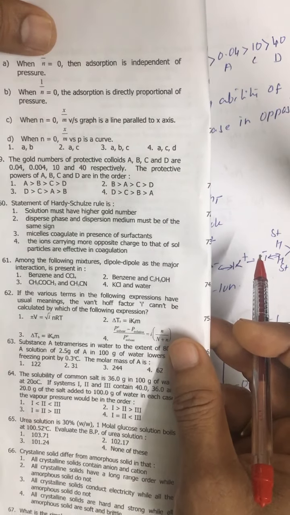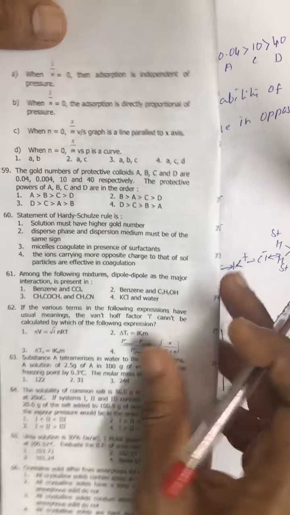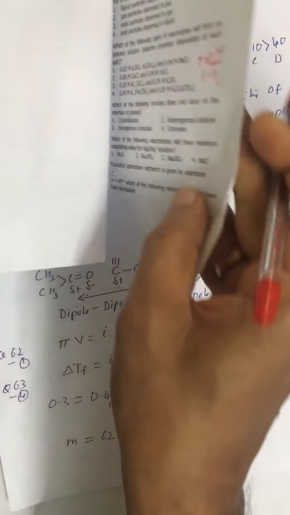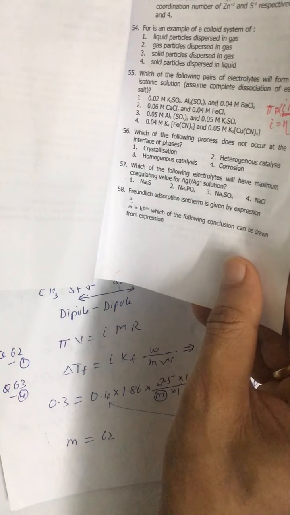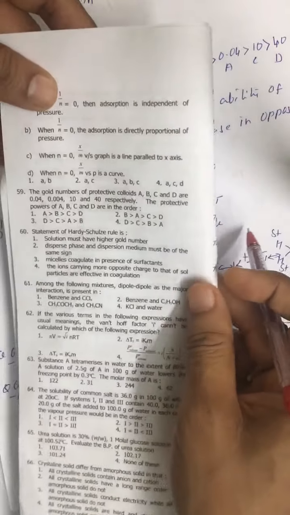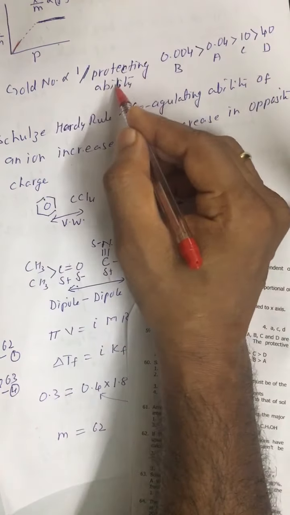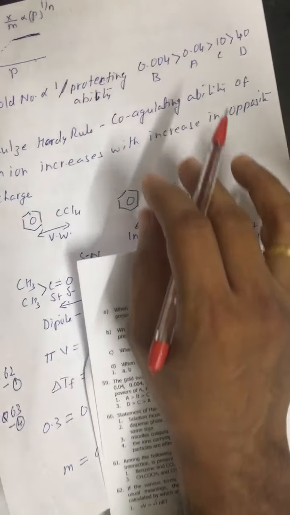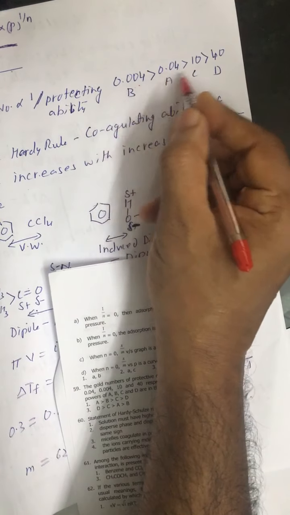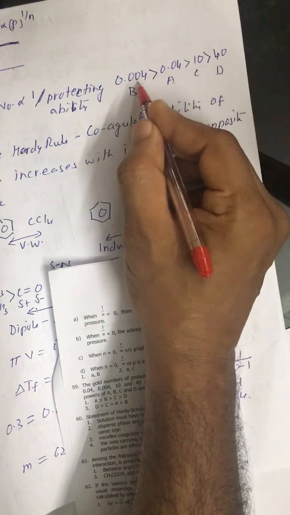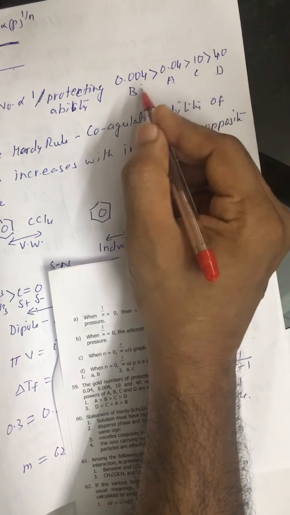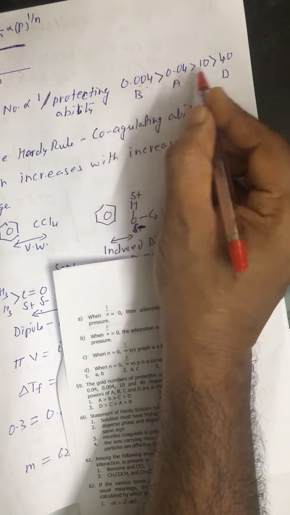Question number 59: Gold number is inversely proportional to protecting ability. So this is the order of B, A, C and D. These are the gold number values.